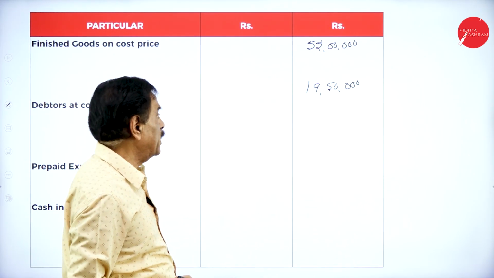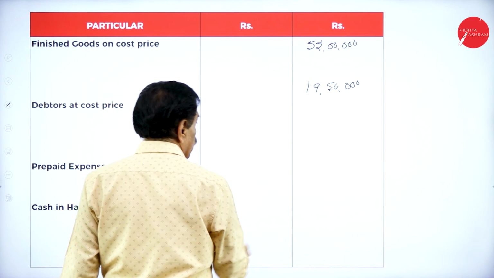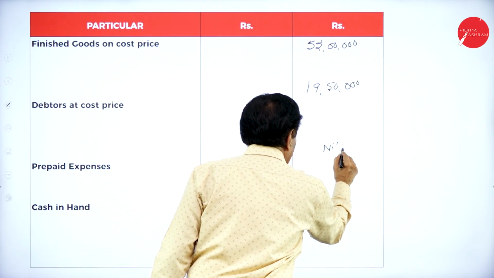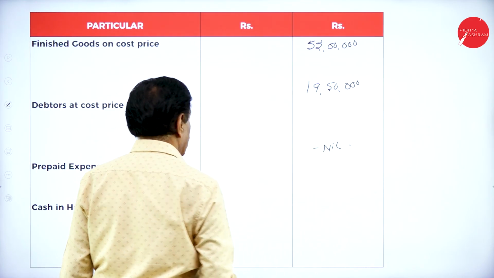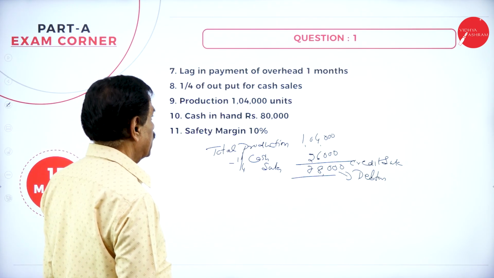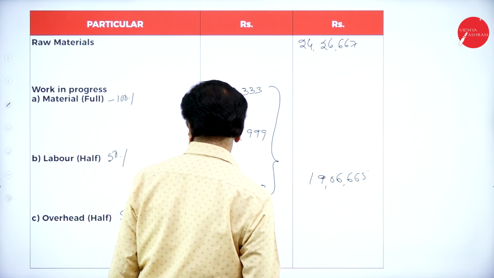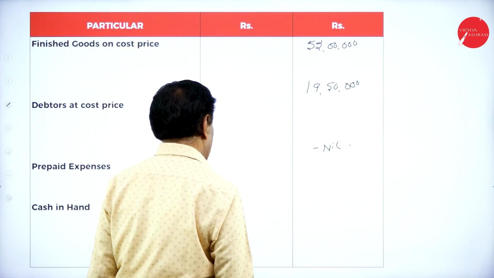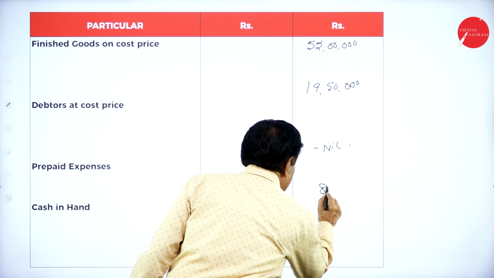There is no prepaid expenses, nil. So cash in hand, 80,000.